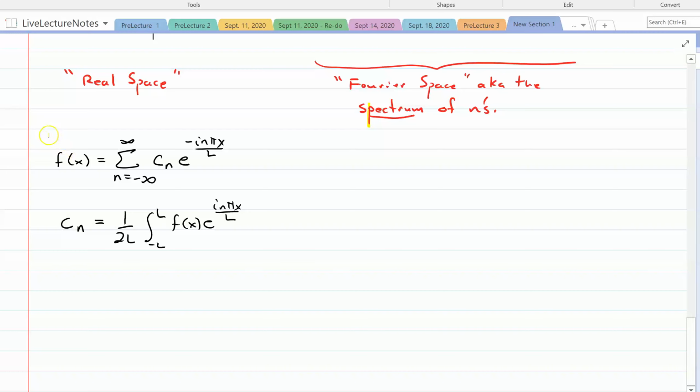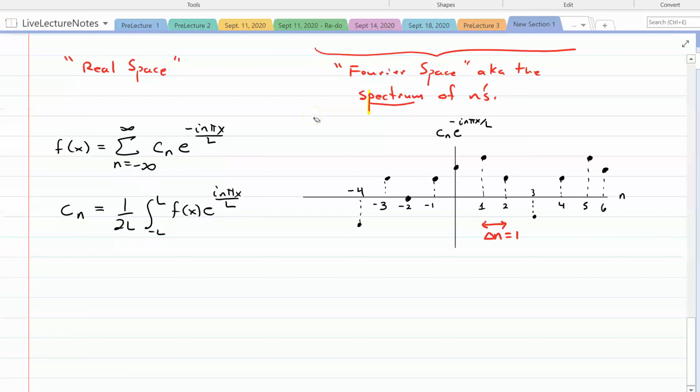I'm going to start with this one here, and I want to write down a kind of graphical representation of this sum. So what I'm going to do is try to represent this sum in a picture, and that maybe will help us when we go forward to think about non-periodic functions. Okay, so here we go.